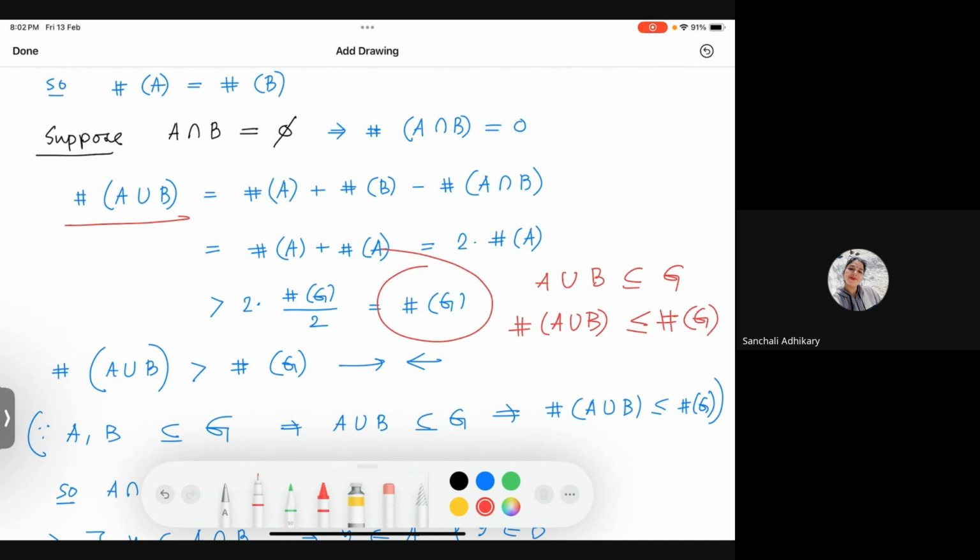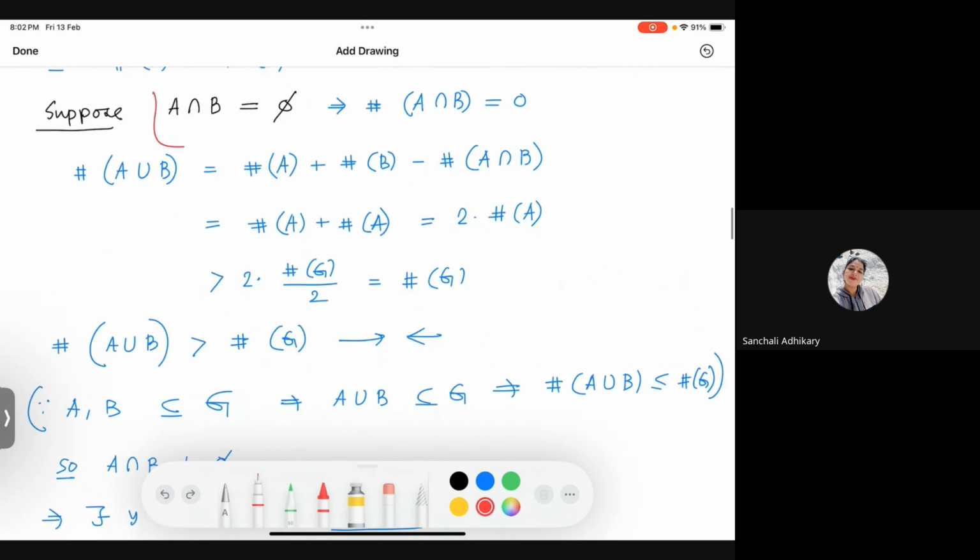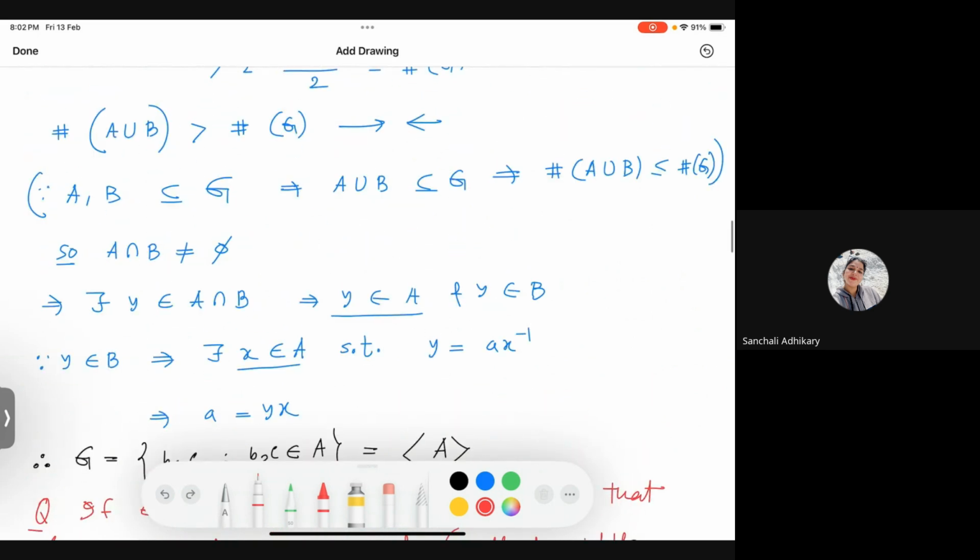How is this possible? So what is wrong? This is wrong. So this set is non-empty.